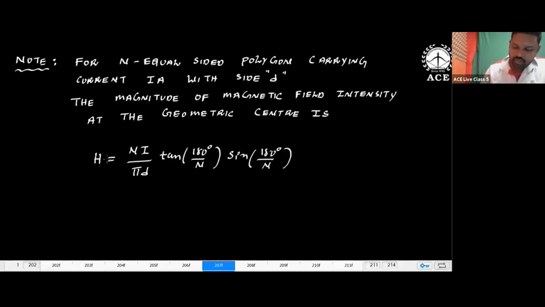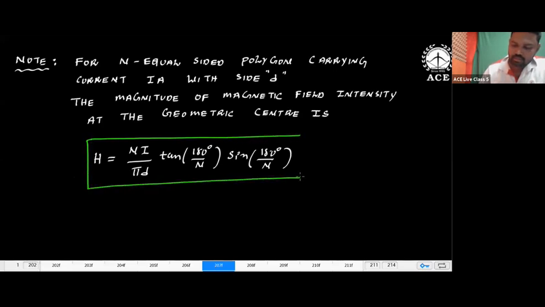This is a ready-made formula. So this is for an n equal sided polygon carrying the current I amperes with side D. Okay. So these are H. Units are ampere per meter.